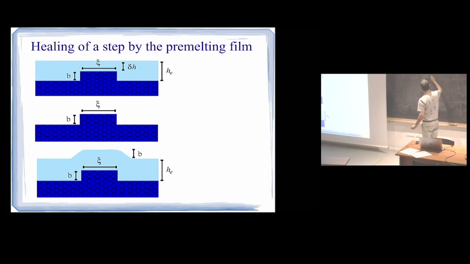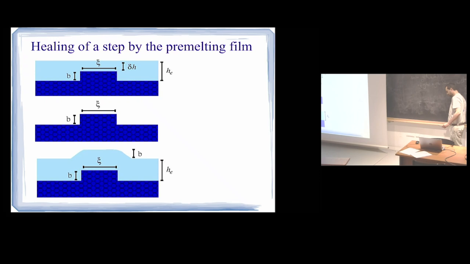And the film height here is HE, the equilibrium value, plus some perturbation, multiplied by the length of the imperfection. So if I make a Taylor expansion to second order, I will get this.